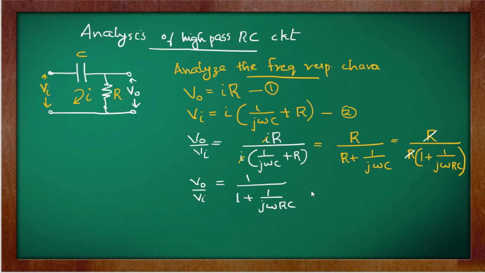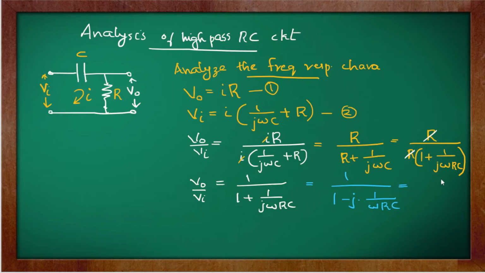This can be rewritten as 1 divided by (1 minus j into 1 by omega RC).